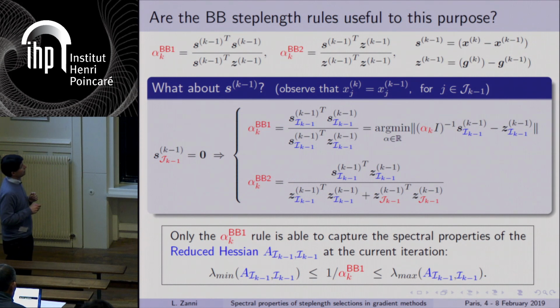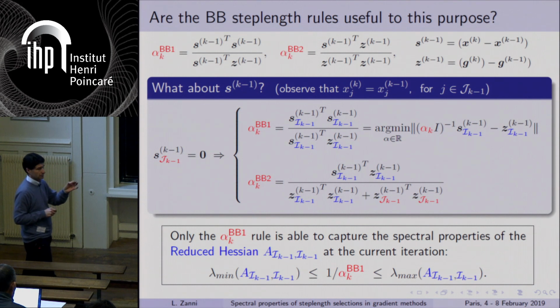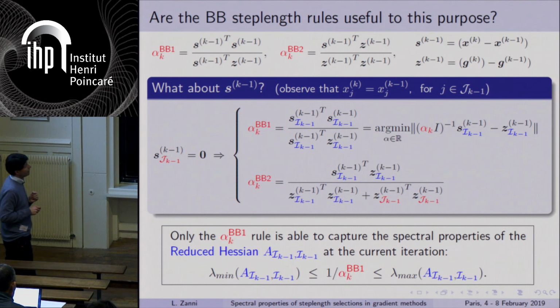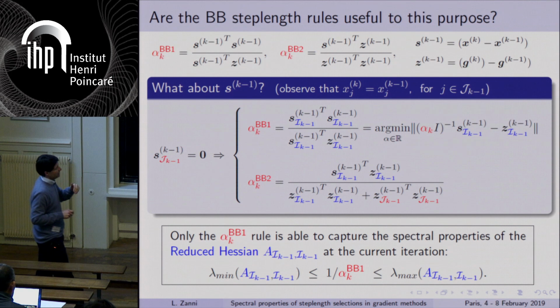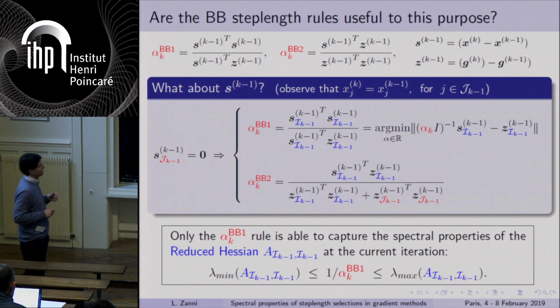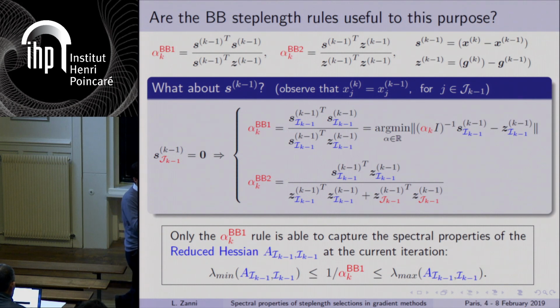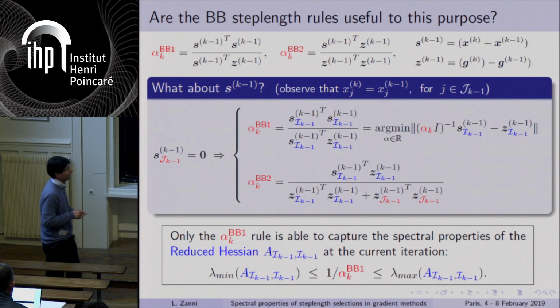This means that the first rule is written in terms of only the inactive components of the vectors. Then the first rule in the constrained case can work as in the unconstrained case, but with respect to the so-called reduced Hessian matrix. That is the Hessian matrix obtained from the original Hessian matrix by considering only the columns and the rows corresponding to inactive variables.